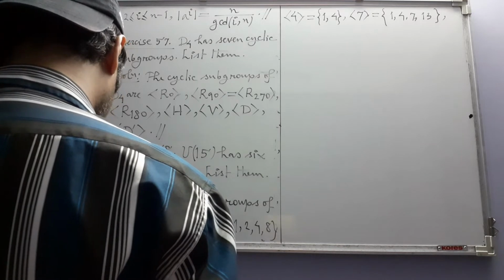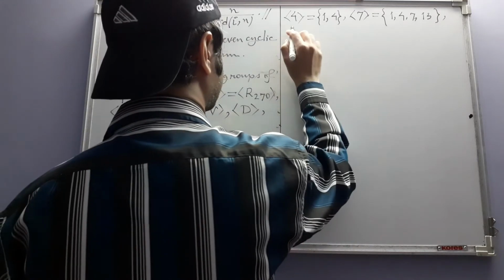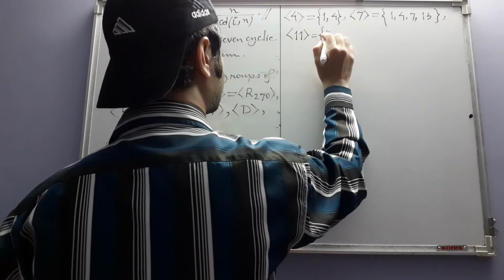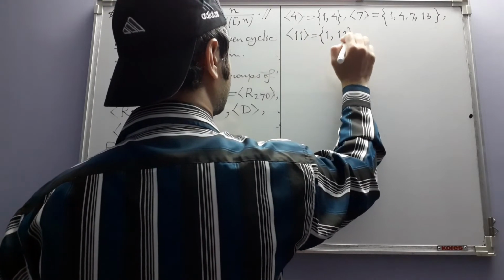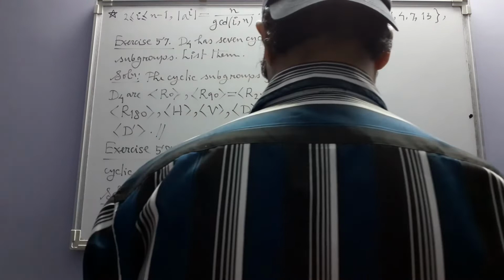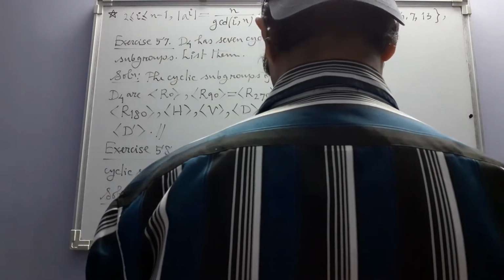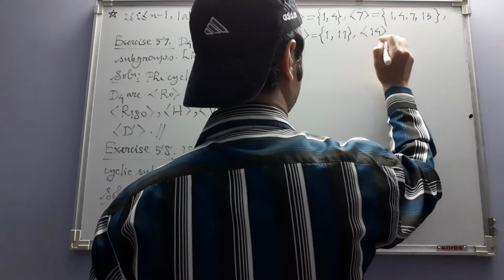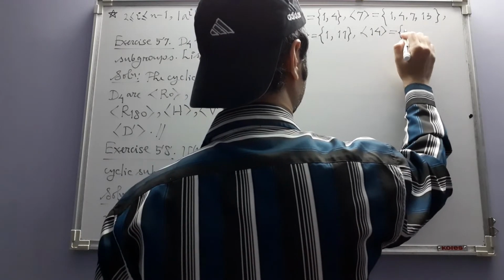Then the one generated by 11, it has only 1 and 11. And finally the one generated by 14, which has only 1 and 14.